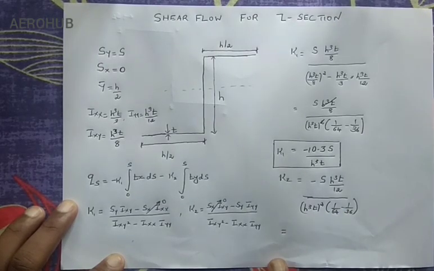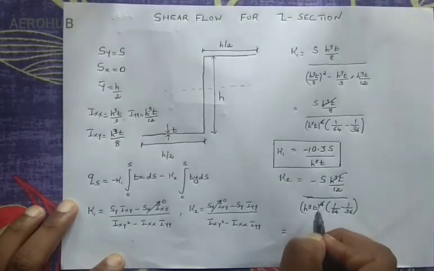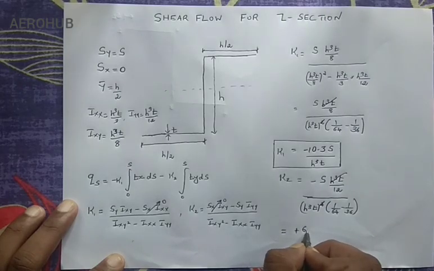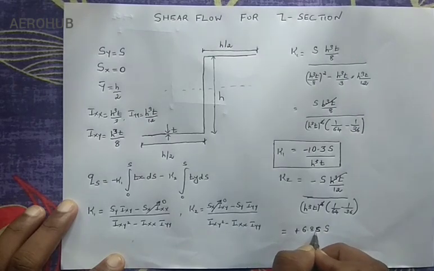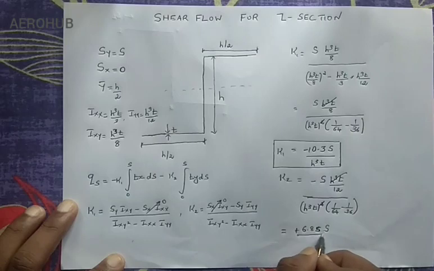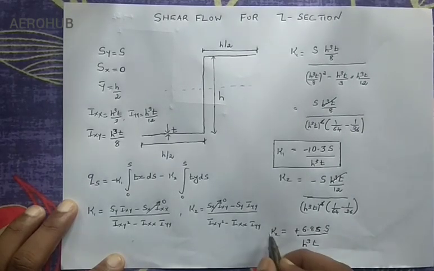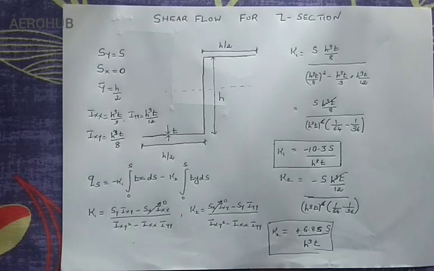After simplifying and cancelling one h cube t, I finally get plus 6.85 S by h cube t. This is the value for K2. You have to solve this, then you will get this value. So you have the values of K1 and K2.